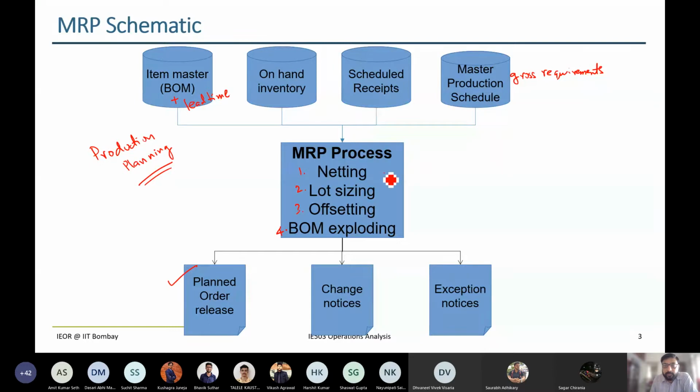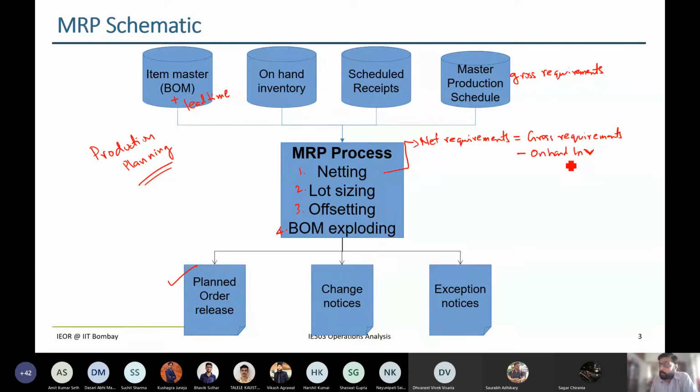In the first step, netting, we determine what are called net requirements. That is nothing but the gross requirement which we got from our master production schedule, minus on-hand inventory. Meaning, I know these are gross requirements.